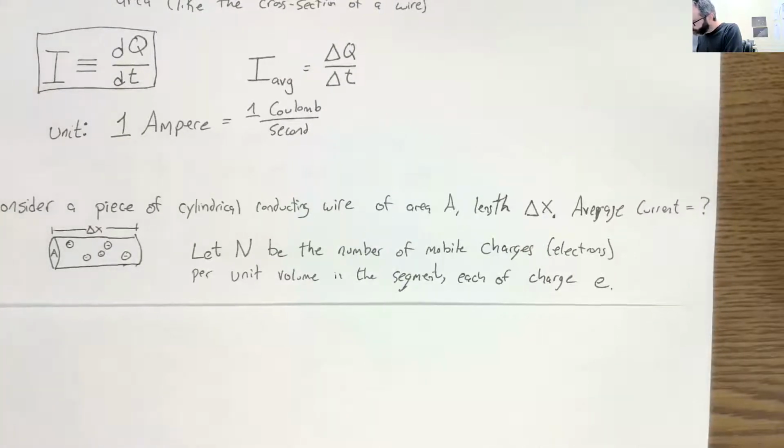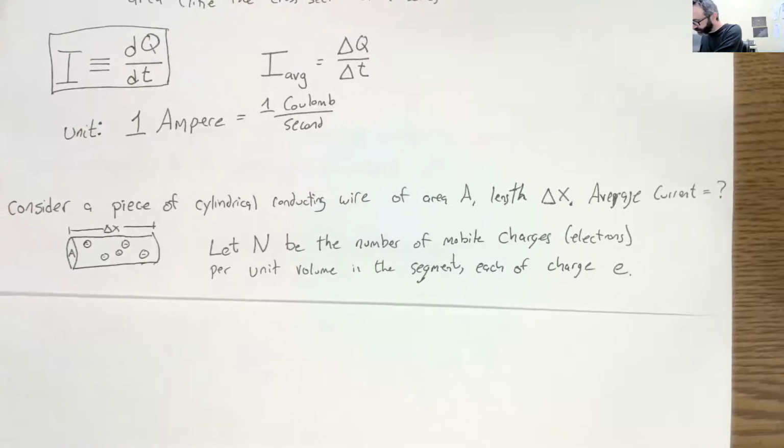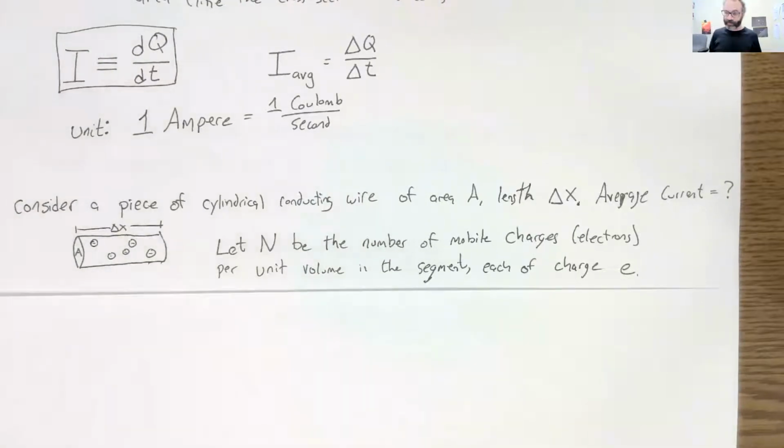So we want to get a good expression for what the current flowing through a regular wire is going to depend on. Let's consider a piece of wire. We'll assume it's a cylinder like most wires are. It's got to be conducting, otherwise the charges aren't going to move.